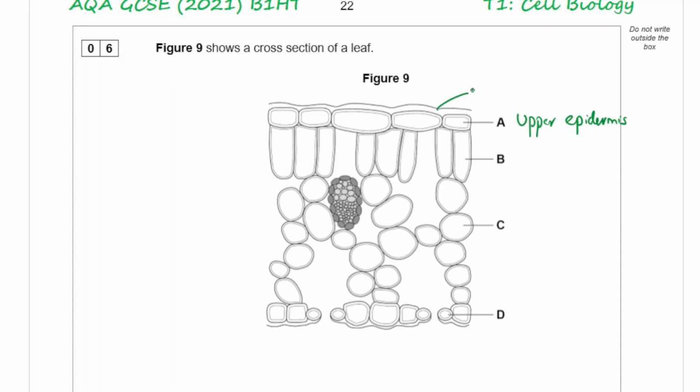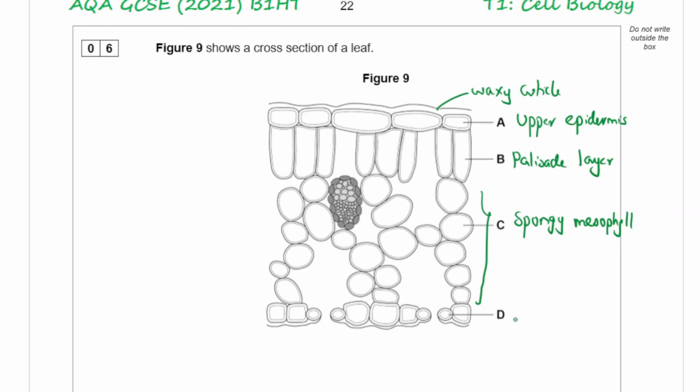This is the waxy cuticle. This would be the palisade layer. C is the spongy mesophyll layer, so it's basically the entire thing. Mesophyll.